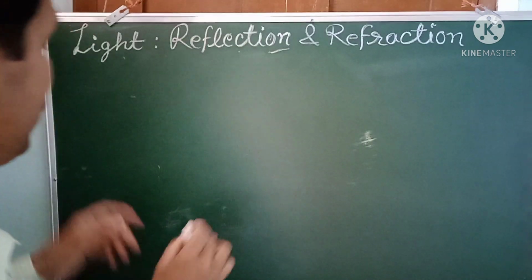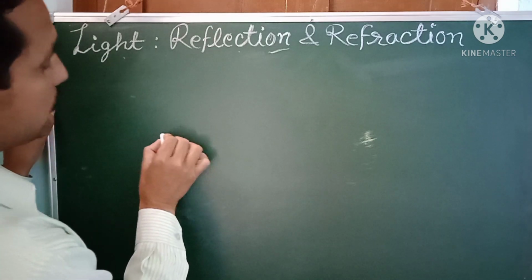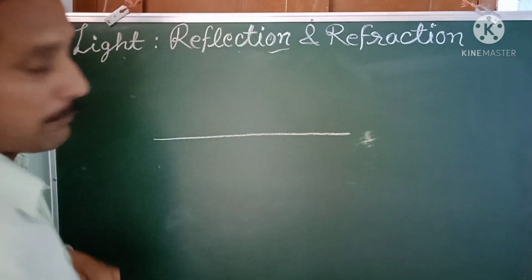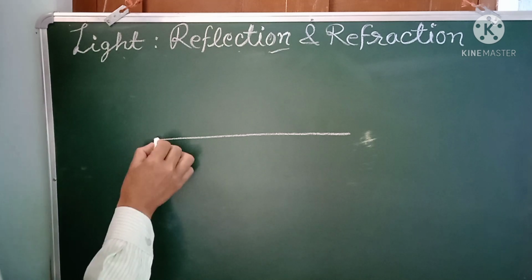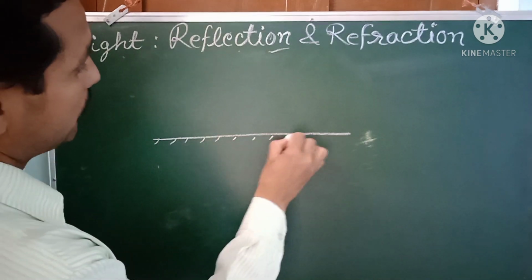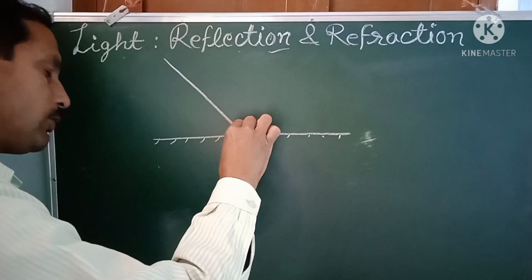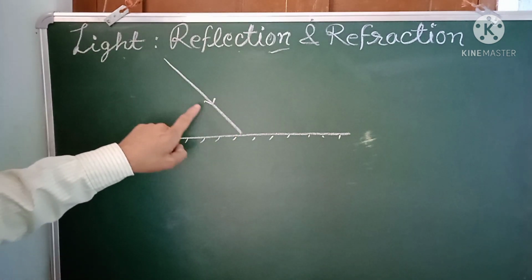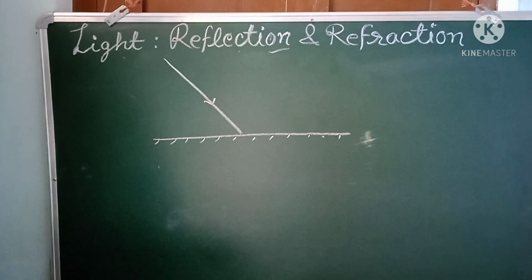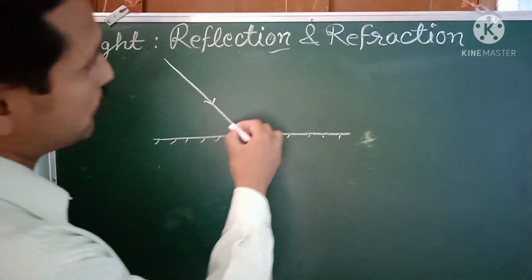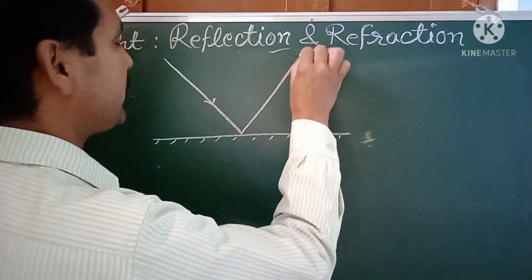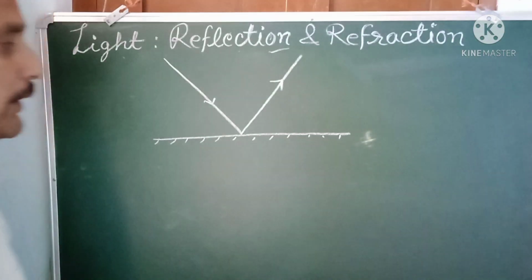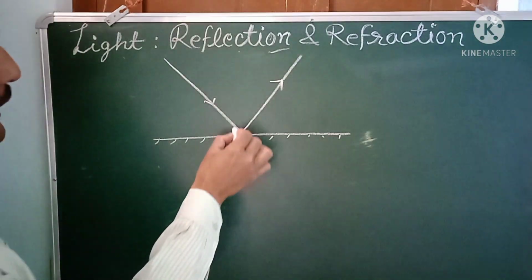For this we have a drawing. Suppose that it is a bright surface of any object, and a light ray falls on the surface. What happens? When a light ray falls on a bright surface of any object, it goes back in the same medium after striking the surface.